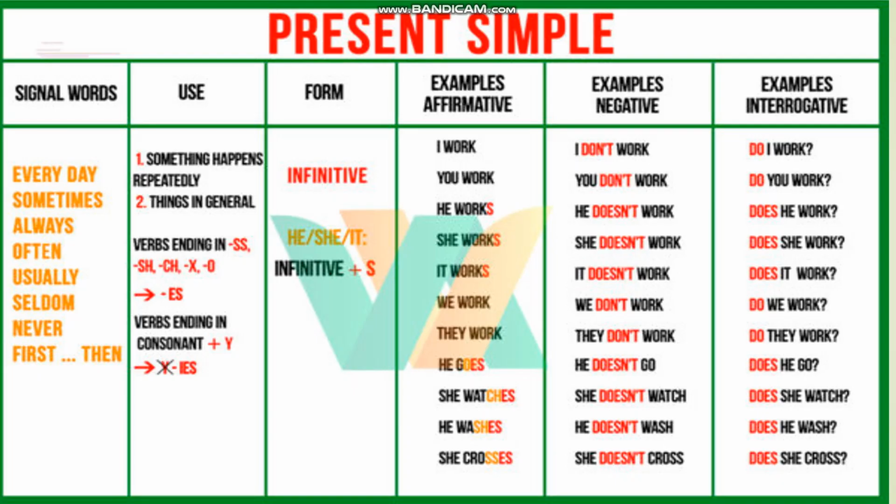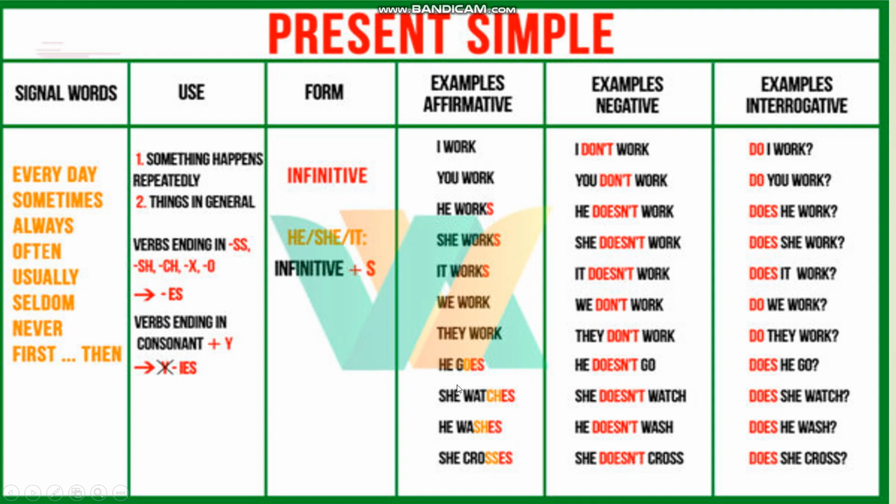Okay, now look through this picture. Here, present simple explained in more detail. Now, affirmative sentence: I work, you work, and he works. As it said before, for he, she, it, we add s to the infinitive. And we add es if the verb ends in ss, sh, ch, x, o.